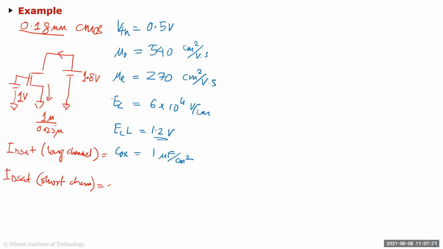This is the gradual channel approximation formula, I think. Yeah, but what I'm saying is, I've given you VGS equals 1 volt, VDS equals 1.8 volts, VT as 0.5 volts. I said I have made sure that it is in saturation. Now I'm asking you, have I made that assumption correctly, or do I have a problem with that?